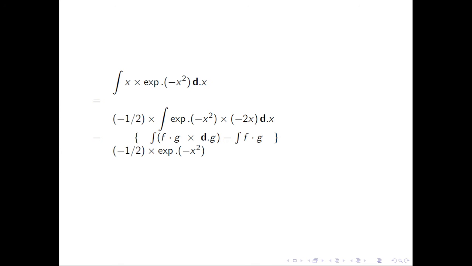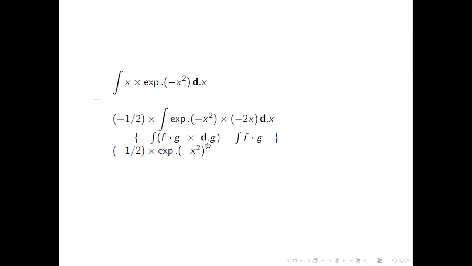So if you give it x, it'll give you negative x squared. That's multiplied by the differential of g, because if you differentiate negative x squared, you get negative 2x. So this expression here is an example of this.